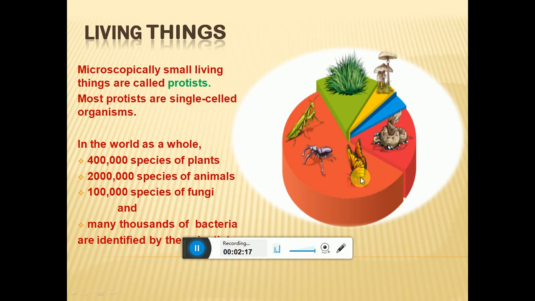So we can say that around 2 million species of animals, and the second part of the circle is carried out by the plants, and there are the bacteria, and there are the fungi, and there is a smallest, thin part for all other species. So if we talk about the number of the species, there are 2 million species of animals, 400 species of the plants, 100 species of the fungi, and many thousands species of bacteria identified by the scientists so far.